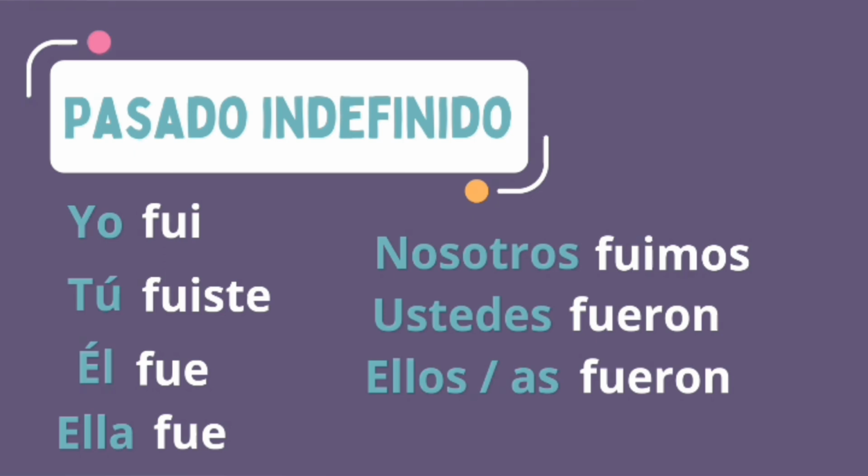The indefinite past of this verb, ser, would be yo fui, tú fuiste, él fue, ella fue, nosotros fuimos, ustedes fueron, ellos or ellas fueron. Okay, this would be the conjugation of this verb, ser, the verb to be.